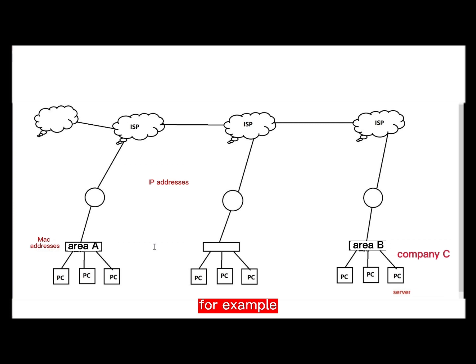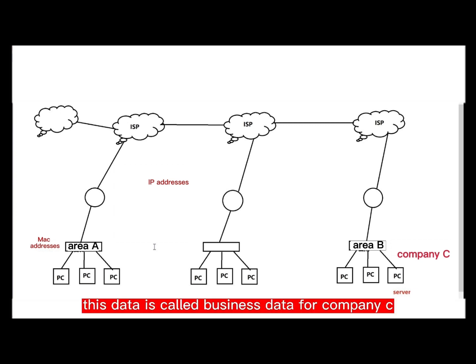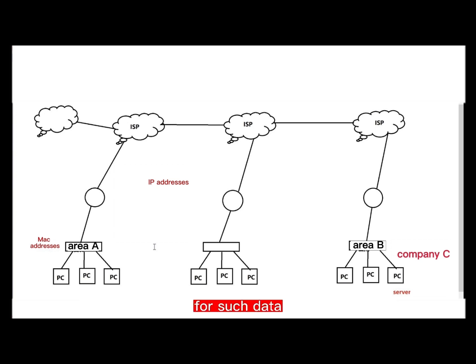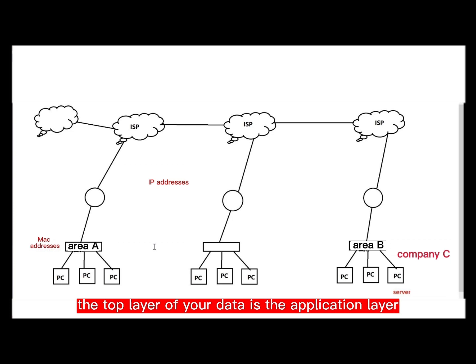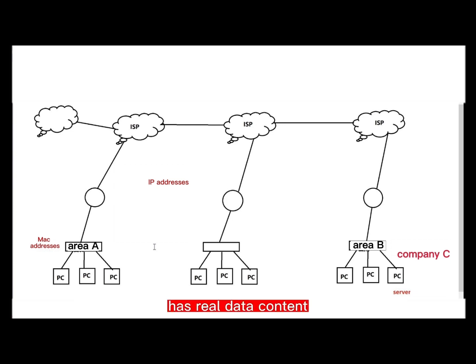For example, if you visit Company C on your computer, this data is called business data for Company C. For such data, the top layer is the application layer, which has real data content. Then for such data, either the MAC address or the IP address must be present.